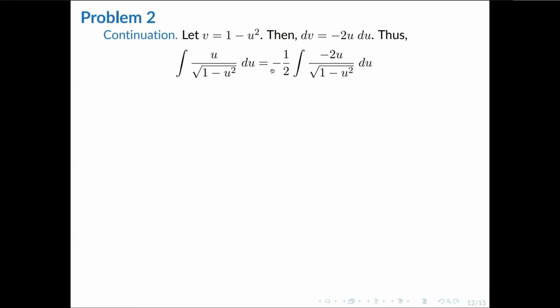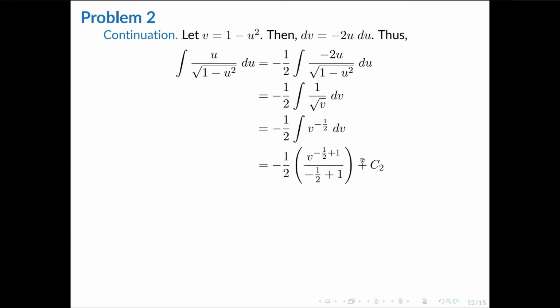So the integral now becomes -1/2 integral of -2u all over square root of 1 minus u squared du. So rewriting the integrand, we get -1/2 integral of v raised to -1/2 dv. So getting the integral and simplifying, we now have negative v raised to 1/2 plus an arbitrary constant c2.